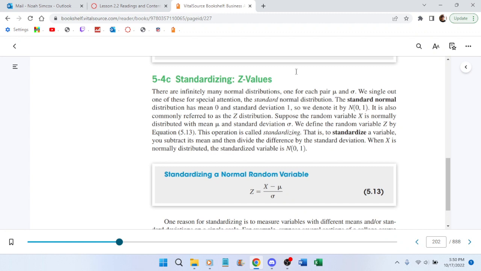That's also referred to as the z-distribution. In order to standardize the variable, you subtract its mean and then divide the difference by the standard deviation.